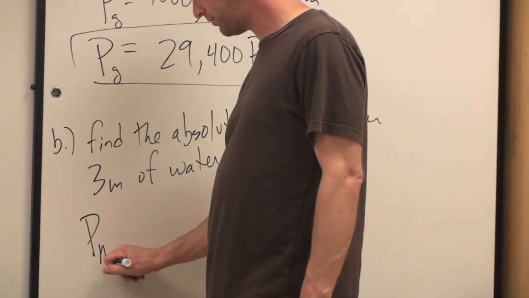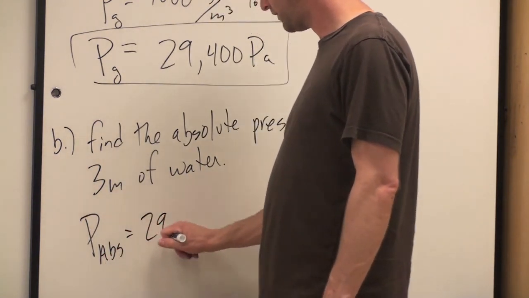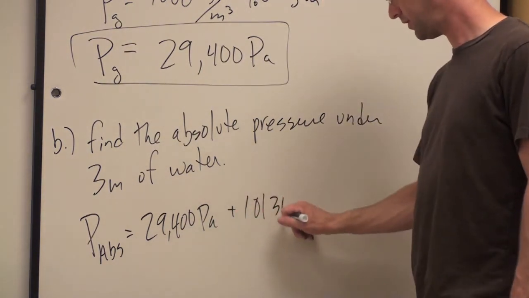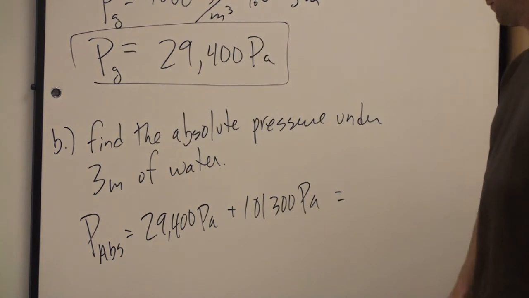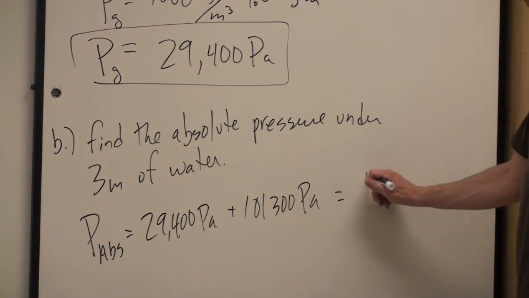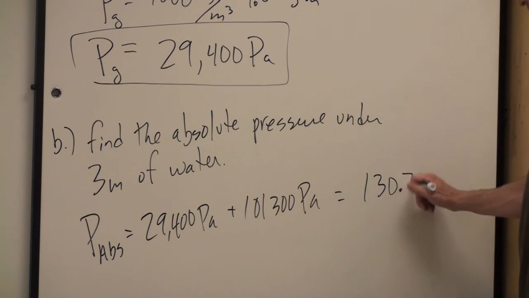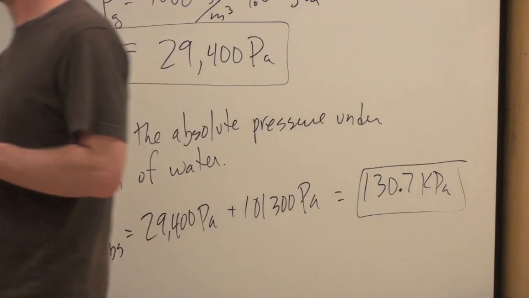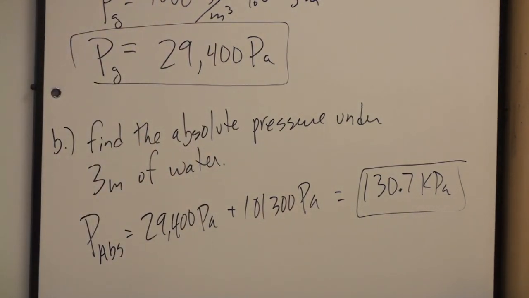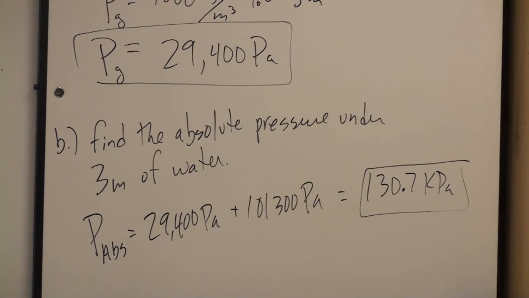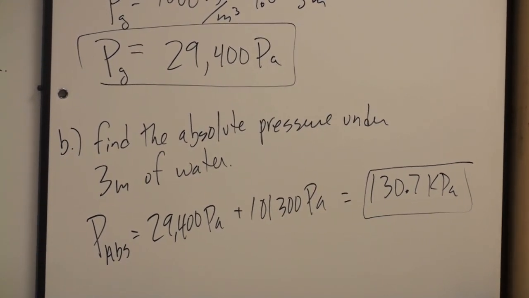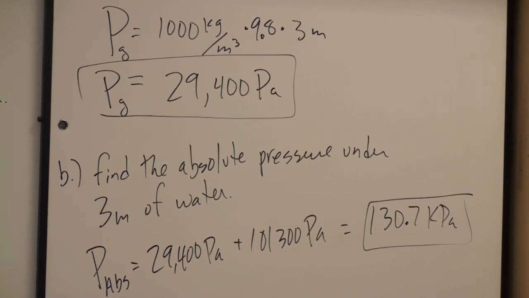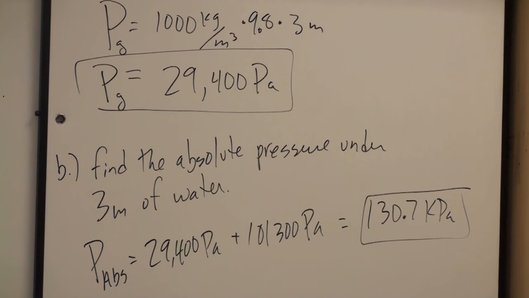So my absolute pressure is just going to be the 29,400 pascals plus 101,300 pascals, or about 130.7 kPa. All right, jumping back and forth between kilo and regular.